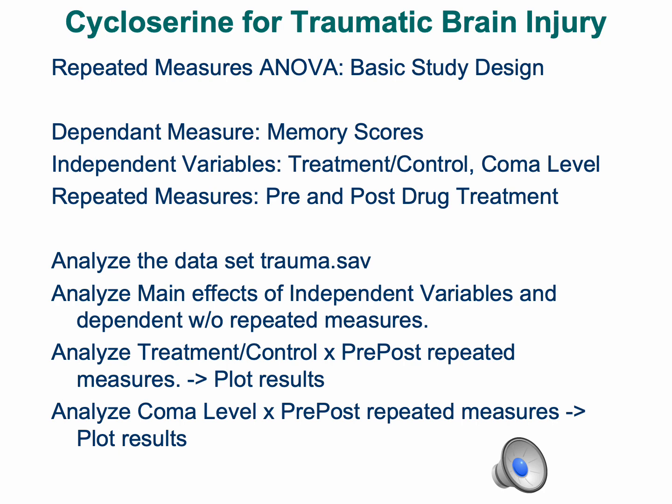Our independent variables are treatment versus control group. So you have treated versus control subjects. And we have coma level as an independent variable. Our repeated measures are pre and post drug treatment. So our repeated measurement is going to be memory scores pre and memory scores post drug treatment.